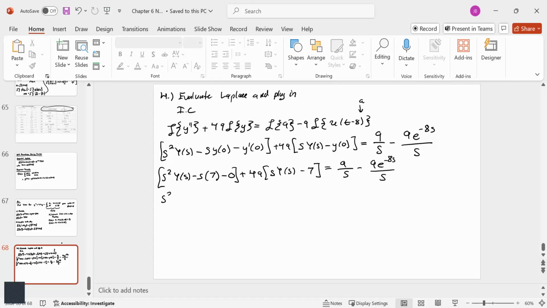And so then we get s squared Y of s minus 7s plus 49 Y of s, minus, and then 49 times 7 is something. Except I made a mistake, right? This is the Laplace transformation of y, not y prime.